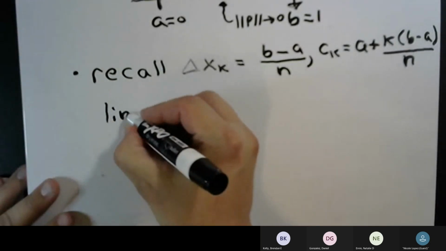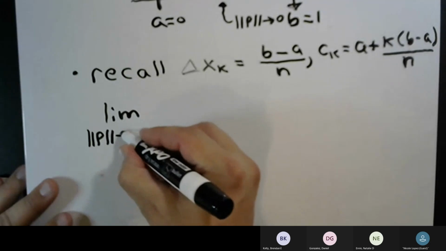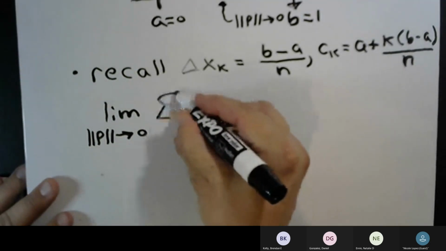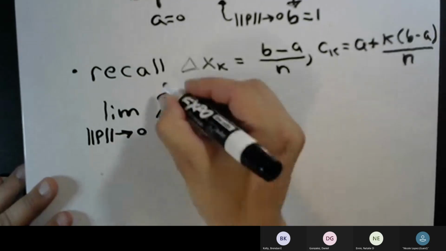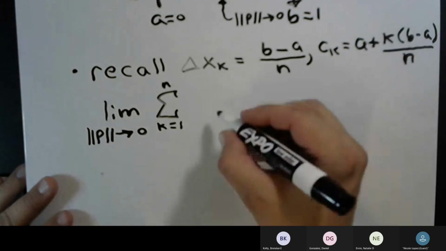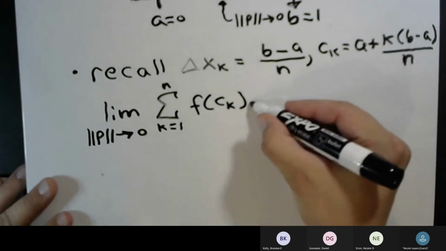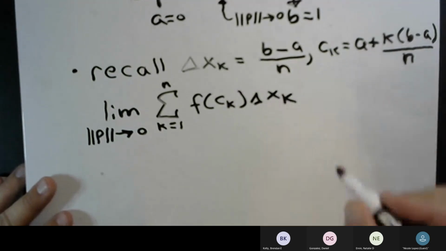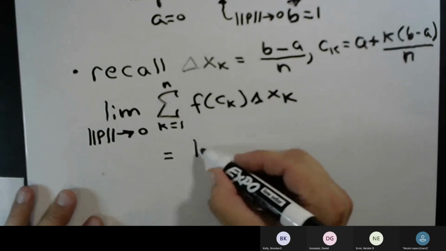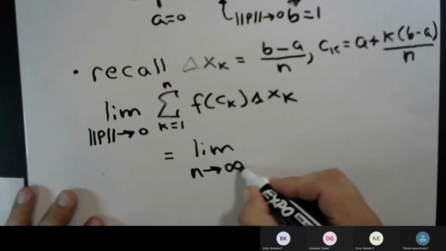So the limit as the width of the largest subinterval goes to 0 of the sum of f of ck delta xk will become the limit as n goes to infinity.